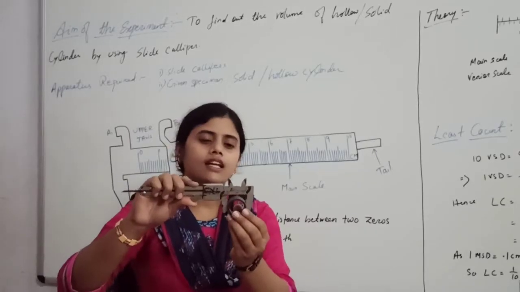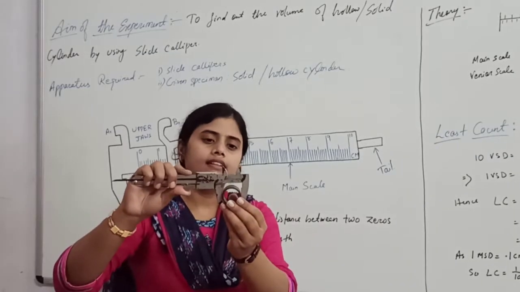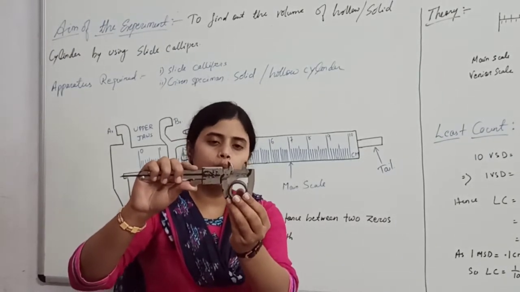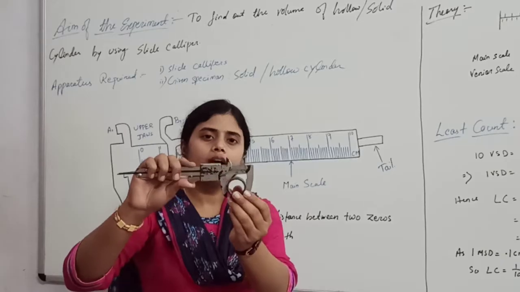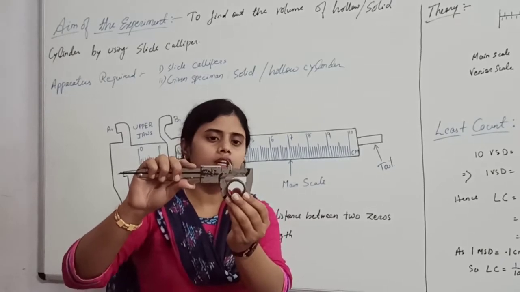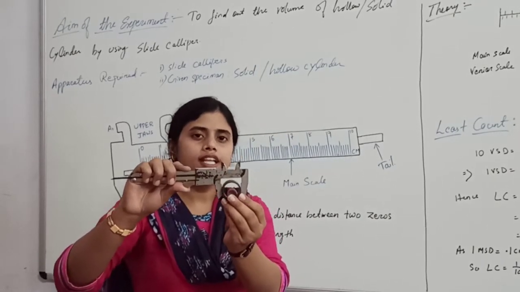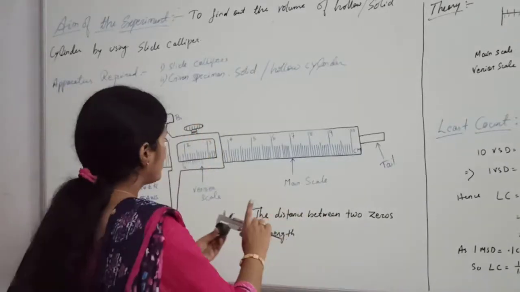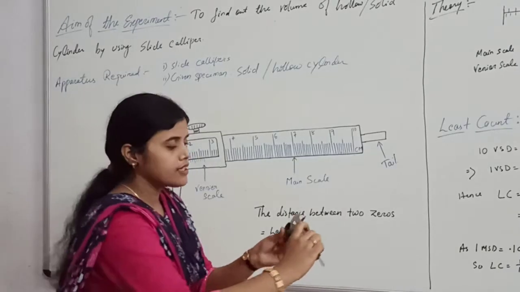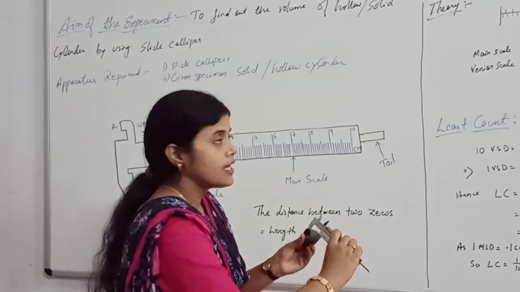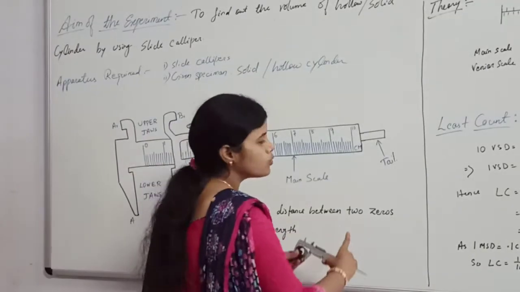Now you can see, suppose I want to find the external diameter of this hollow cylinder. I have placed the object in between the lower jaws. So as I told you, if you want to know the length, here the diameter is considered as the length, you have to find the distance between two zeros.